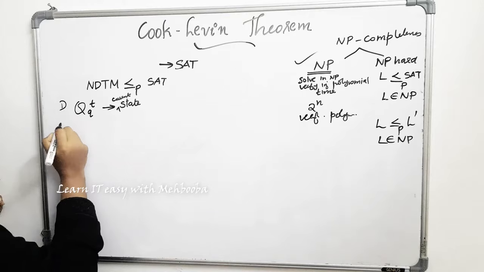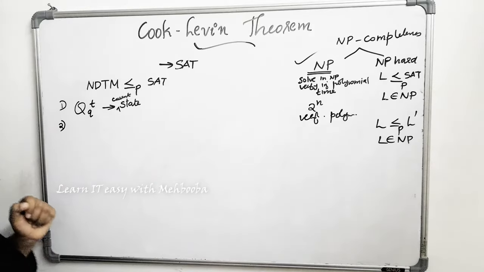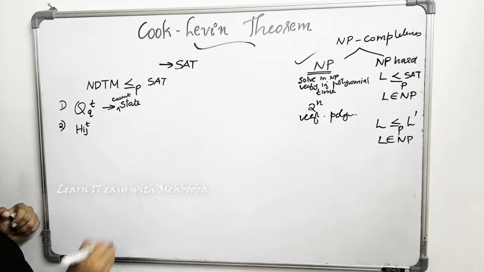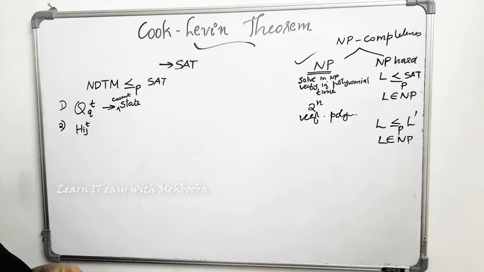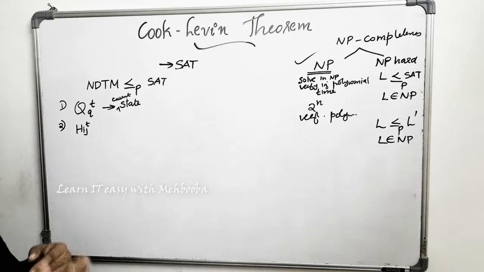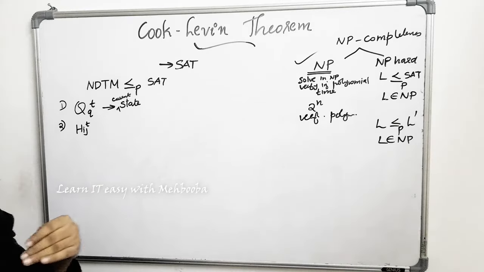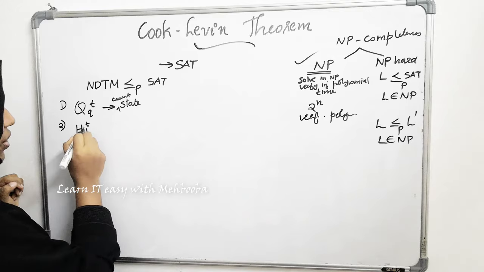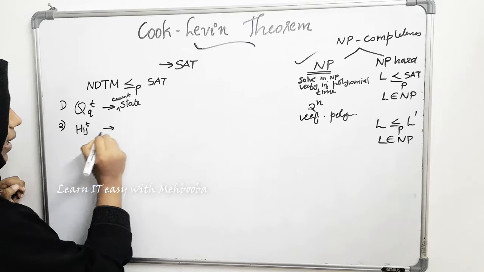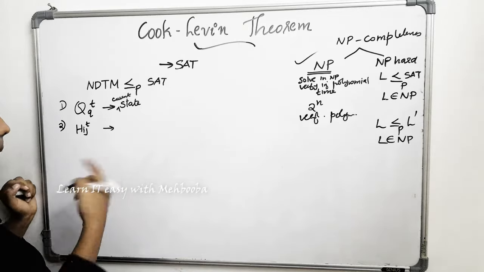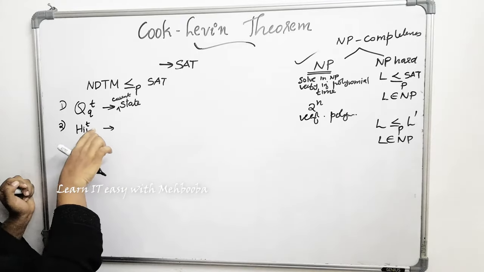The second variable that we need to include is H_ij^t. When we speak about a non-deterministic Turing machine in general, that usually represents a multi-tape Turing machine. Actually, a single-tape Turing machine is a subclass of a multi-tape Turing machine. So when we talk in general, we will speak of a single-tape Turing machine. Now H_ij^t says that the tape i is at cell j at time t.